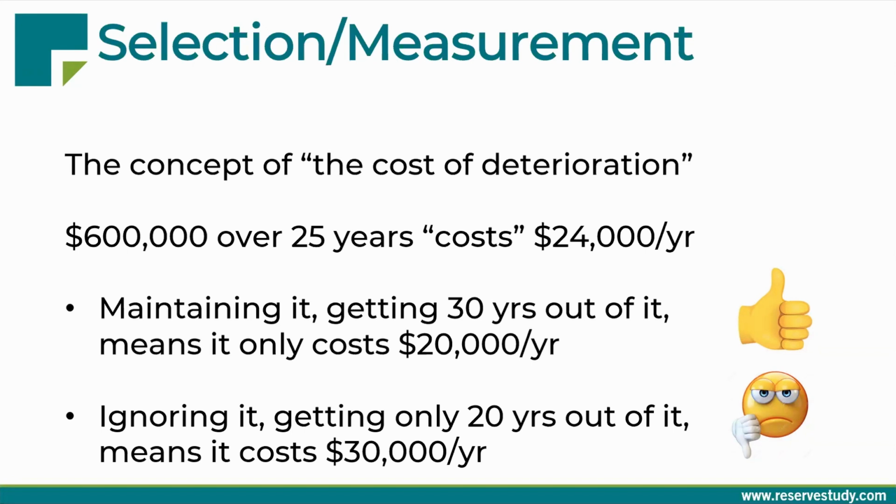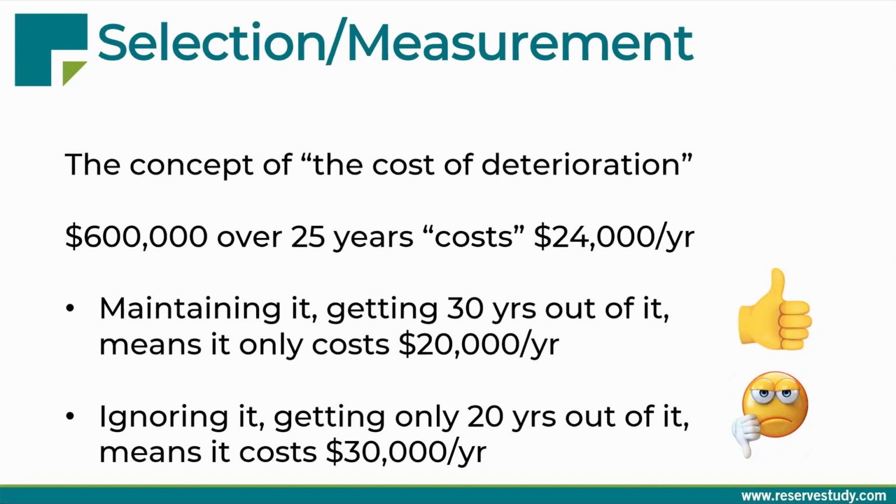And pay close attention to that cost per year. You can get $20,000 per year of deterioration cost over that 30-year span, or if you knock it down to 20 years, now the cost is up to $30,000, and that extra $10,000 per year is half the value of the overall roof project.